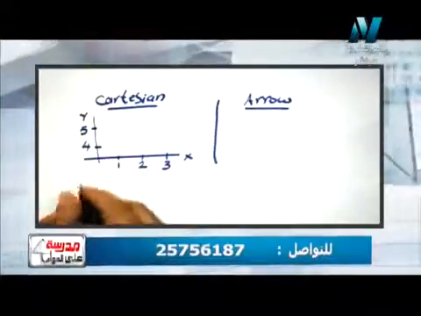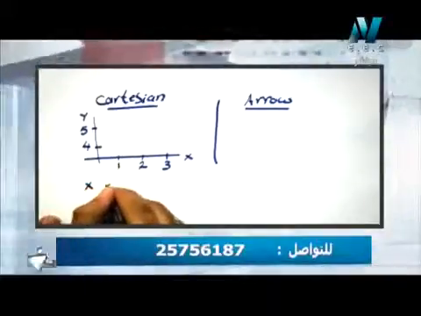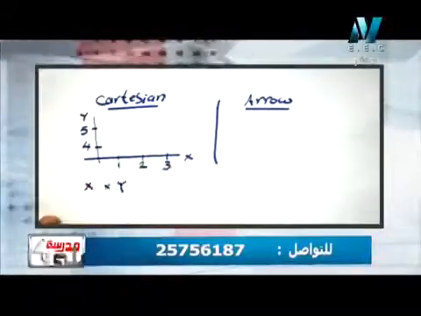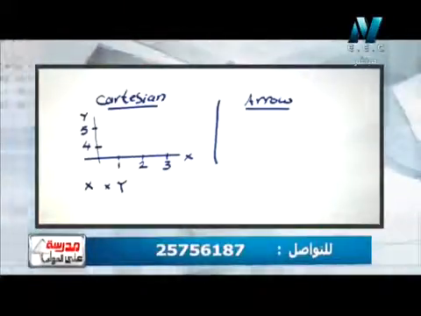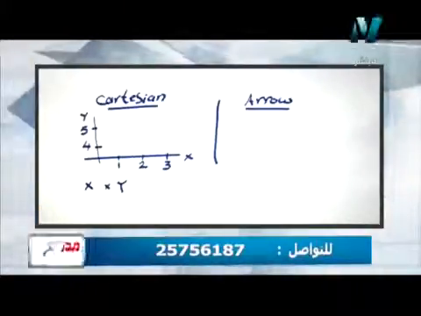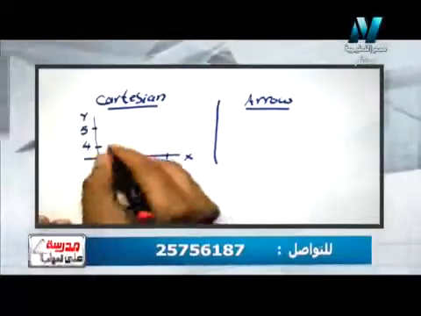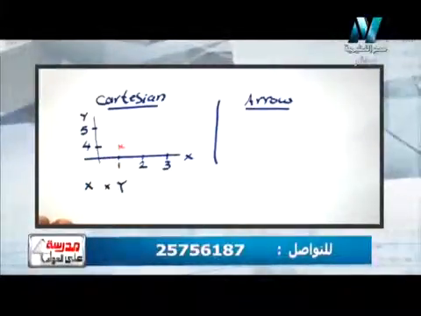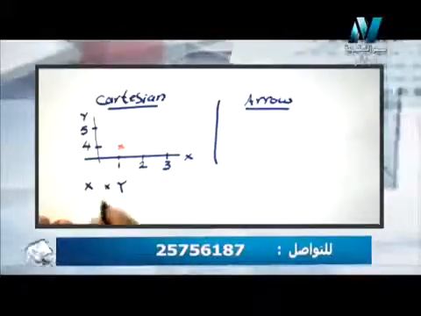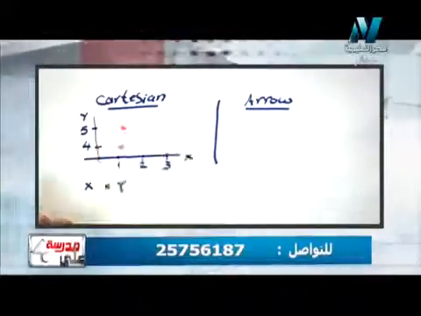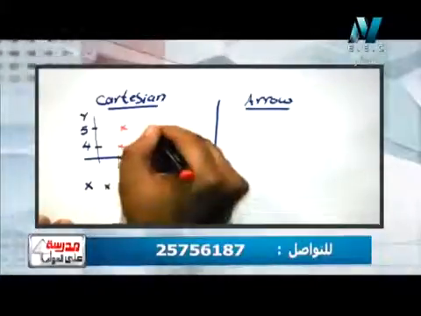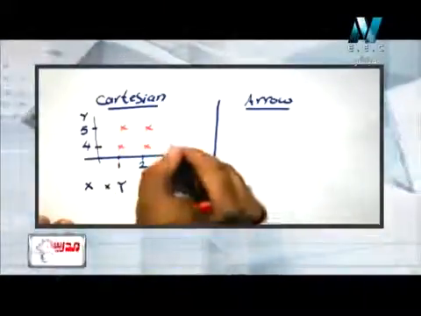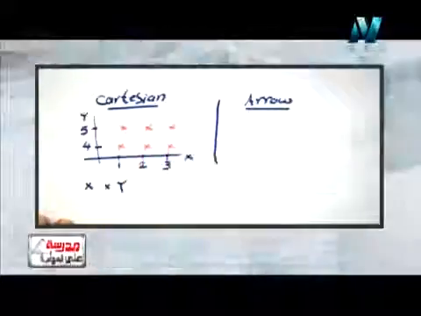If you want to find X product Y on the Cartesian diagram, we just make dots for each element of X with each element of Y. It means 1 with 4, put a cross or a dot or anything; 1 with 5, 2 with 4, 2 with 5, 3 with 4, 3 with 5.